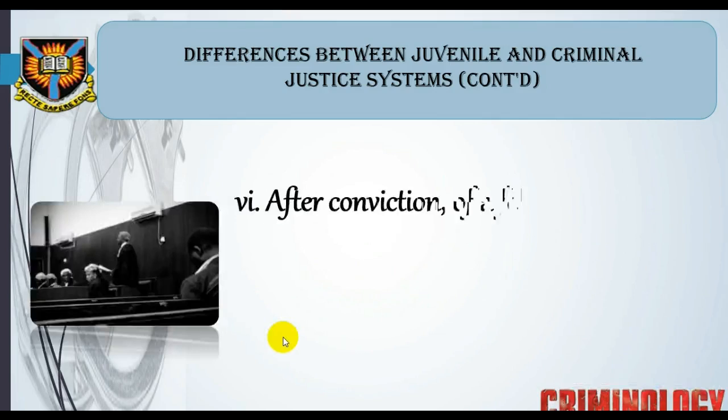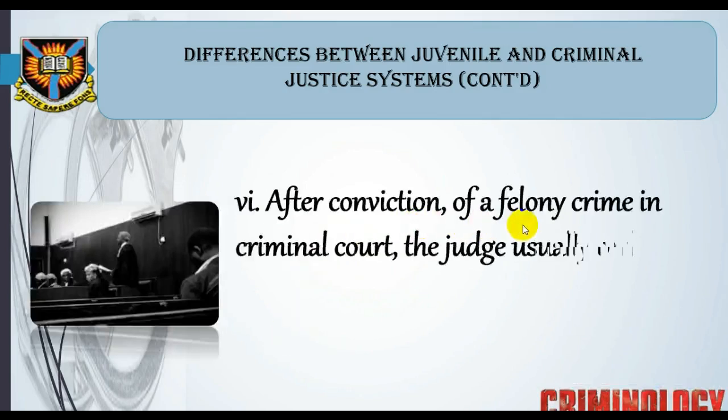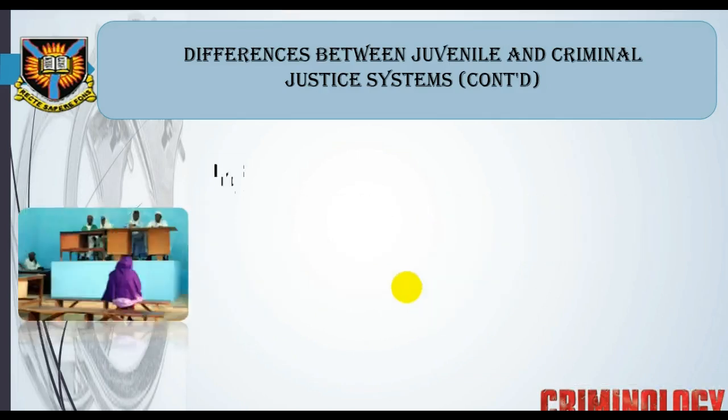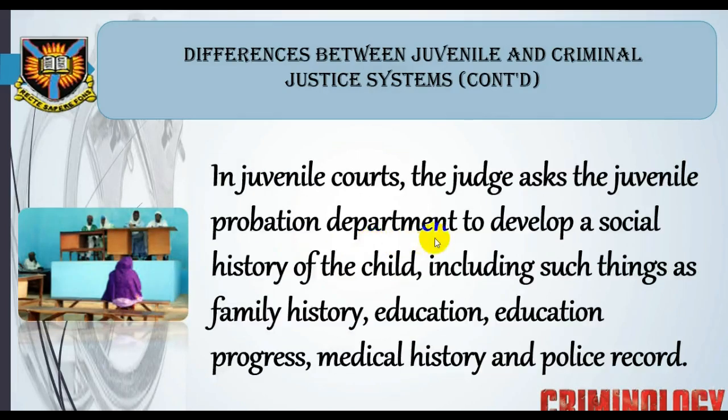6. After conviction of a felony crime in criminal court, the judge usually orders a pre-sentence investigation. In juvenile courts, the judge asks the juvenile probation department to develop a social history of the child, including such things as family history, education, educational progress, medical history, and police record.